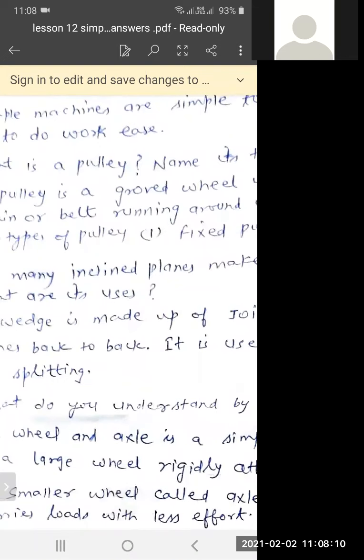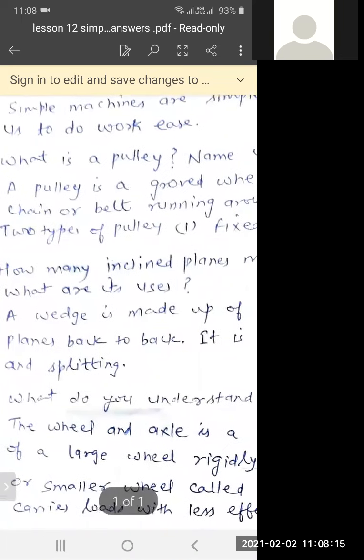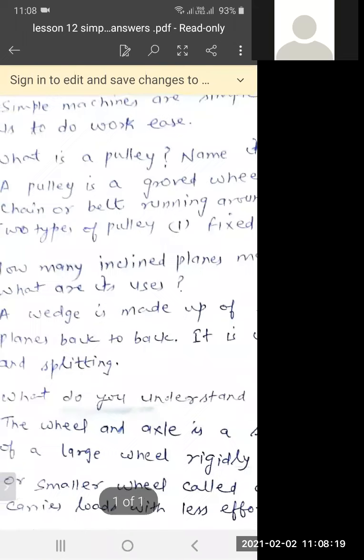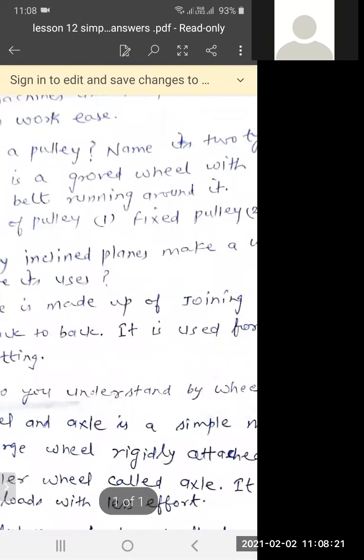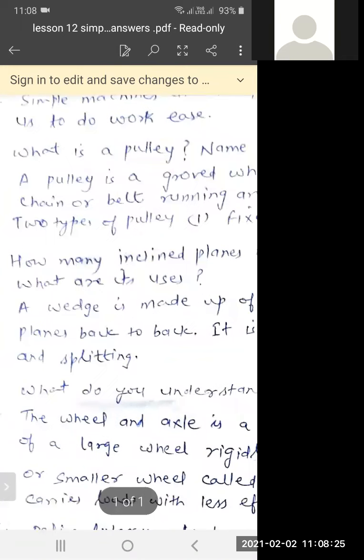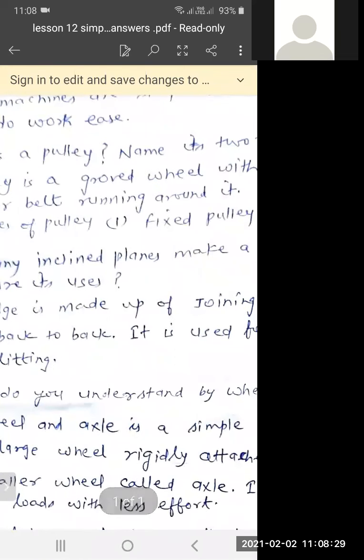Please write down. A pulley is a grooved wheel with chain or belt running around it.